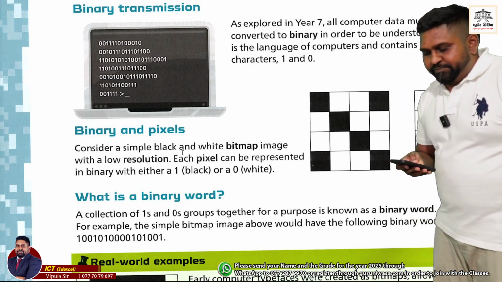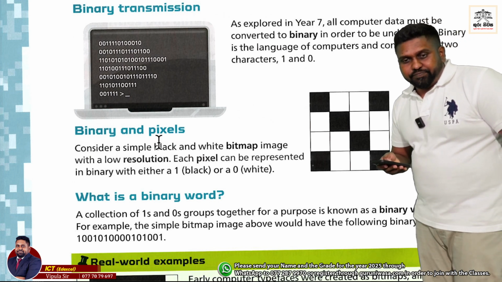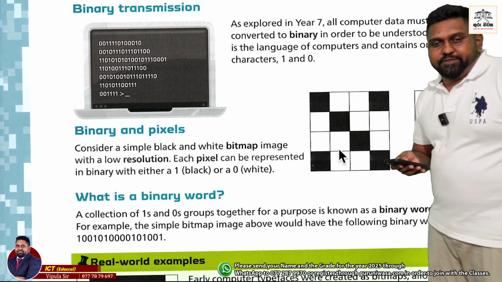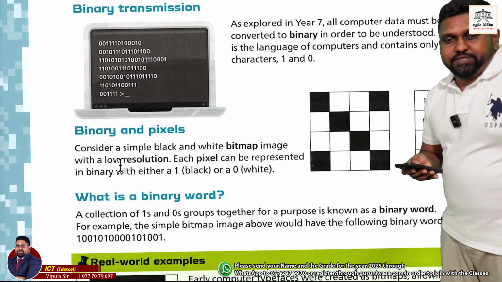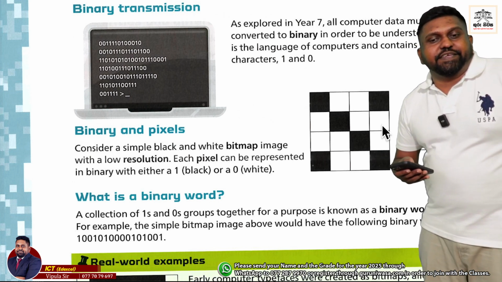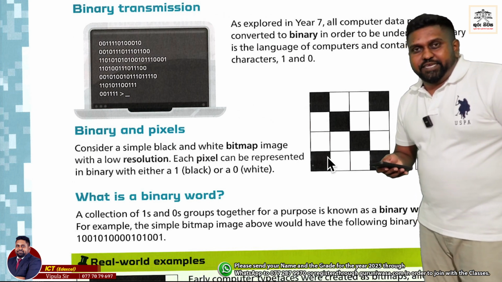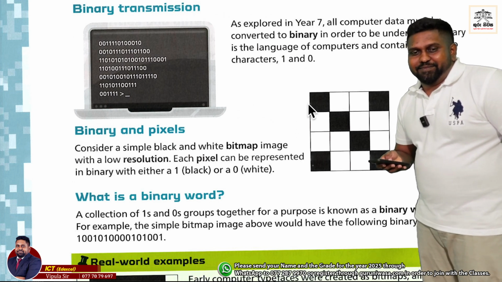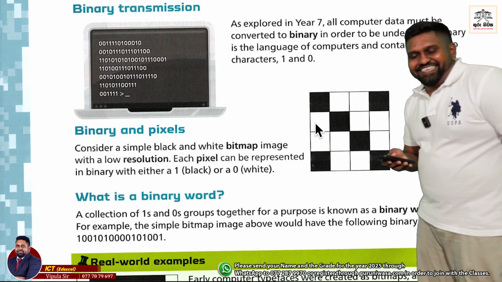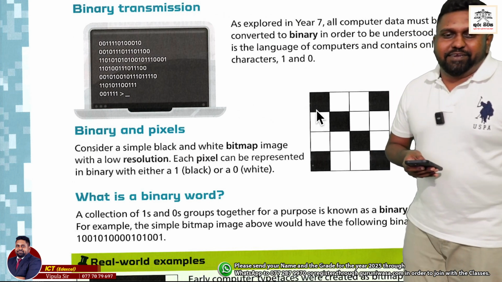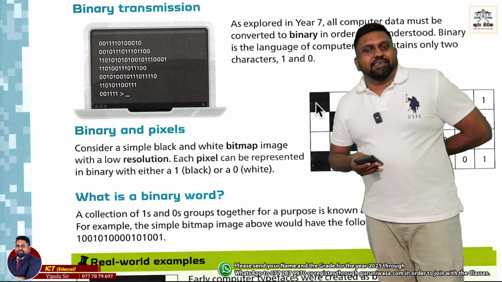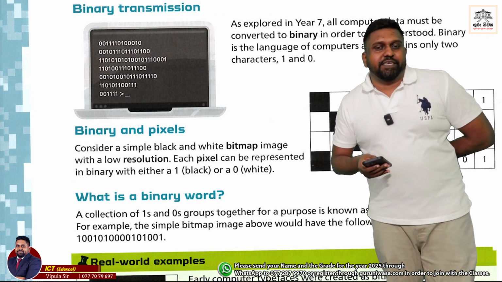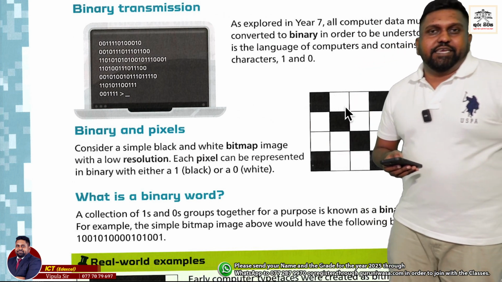You have a simple black and white bitmap with a very low resolution. Let's say it is 4 pixels by 4 pixels, a 4 by 4 block. If a pixel is black, we call it 1. If it does not have any data, then we call it 0.